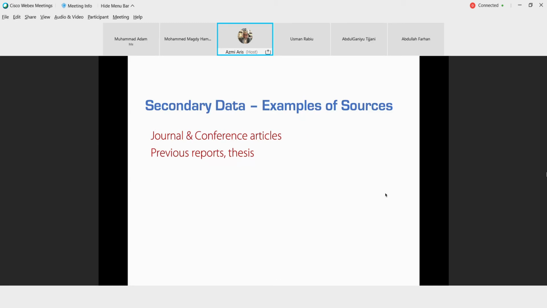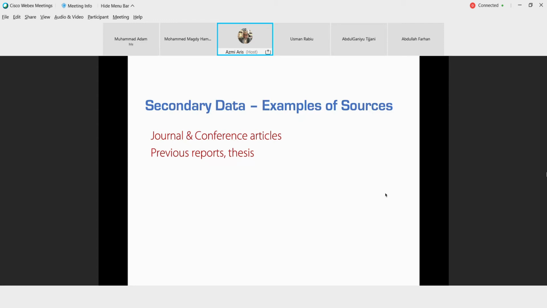As I mentioned just now, if you want to set up your experimental work, every value, method, approach that you use must have reference. You cannot come out with your own method. You must use established methods, established values, established standards. So that comes from previous work, which are normally published in journal and conference articles, and also in previous reports and theses.